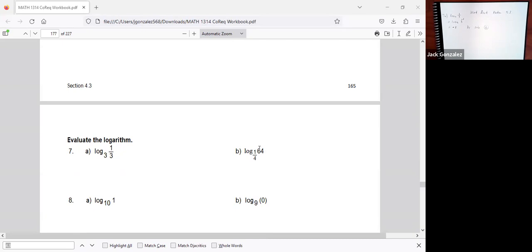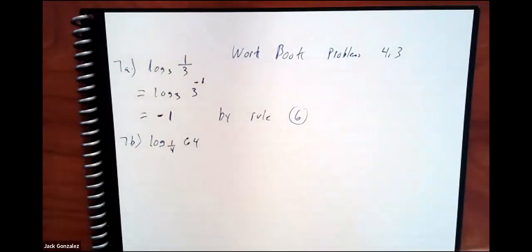So this one you want to change 64 into some sort of fourth, if you can. Force it into a fourth. Let's do that one next. Log base 1/4 of 64.